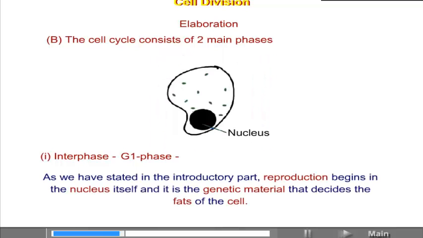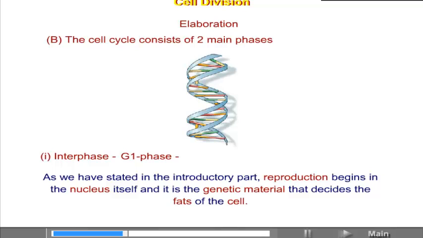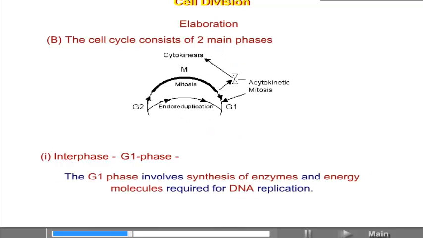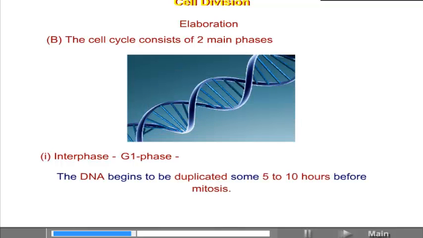As we have stated in the introductory part, reproduction begins in the nucleus itself, and it is the genetic material that decides the fate of the cell. Mitosis can take place only after the replication, that is duplication of DNA has occurred. The G1 phase involves synthesis of enzymes and energy molecules required for DNA replication. The DNA begins to be duplicated some 5 to 10 hours before mitosis.